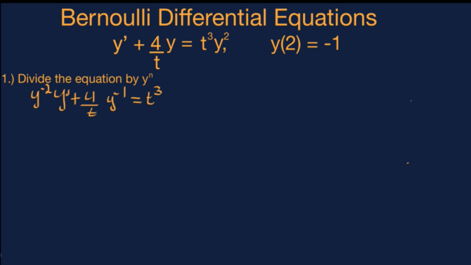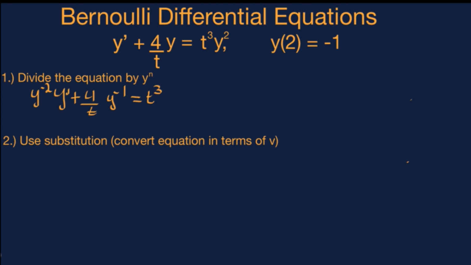The next step is using substitution to convert the equation to a linear one in terms of v. And to do that, we will say that v is equal to this function right here, y to the negative 1. And so because we know that y is a function of t, then v is also a function of t. So when we differentiate v with respect to t on the right side, we would have to use the chain rule.